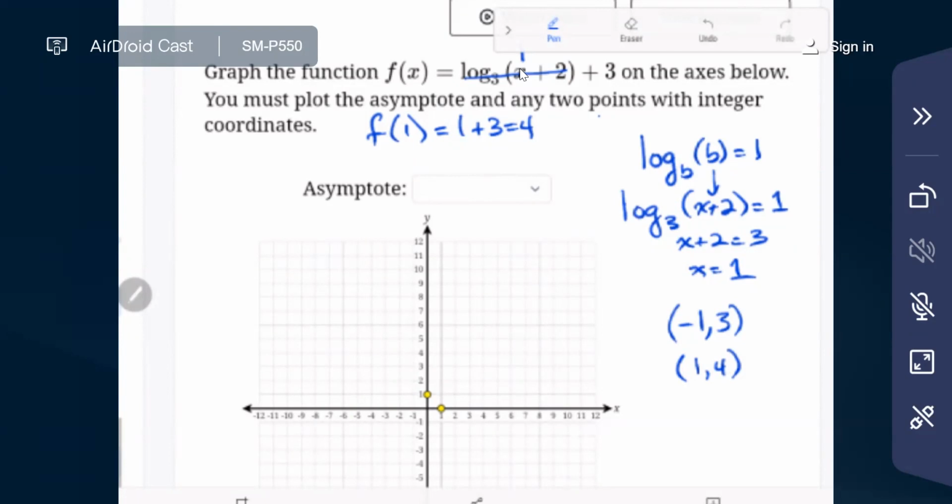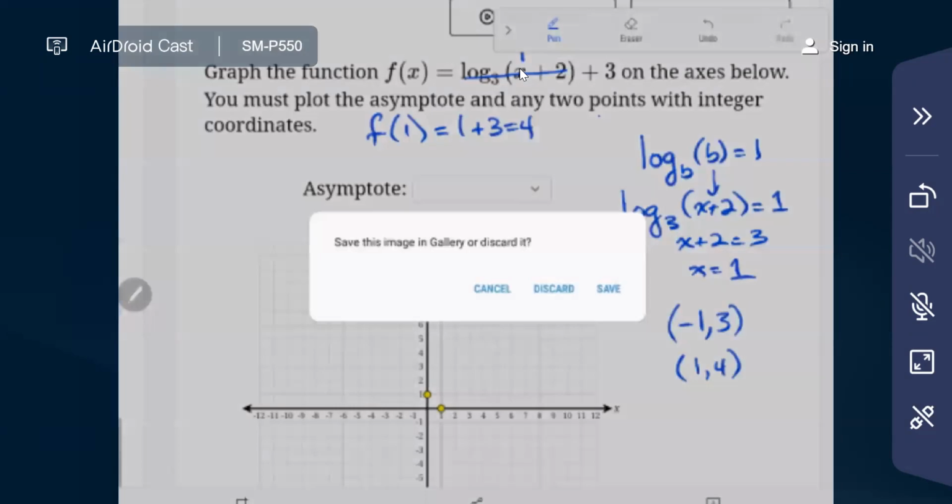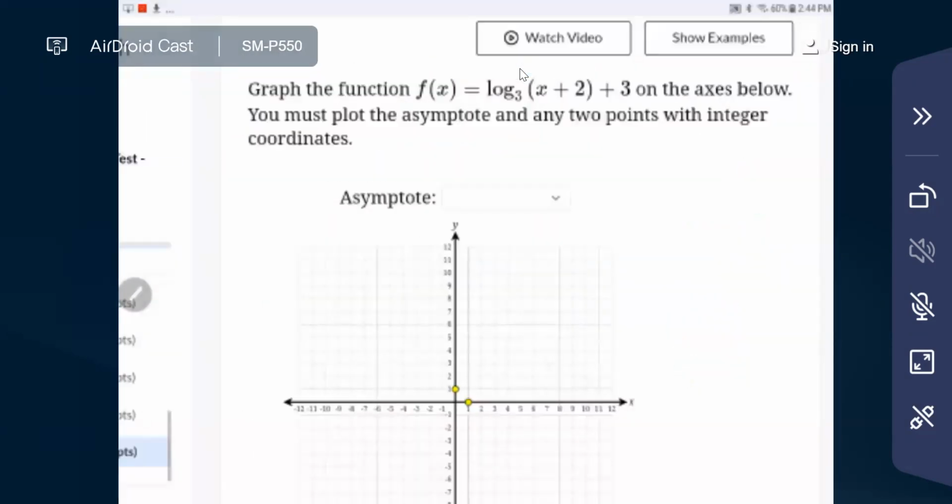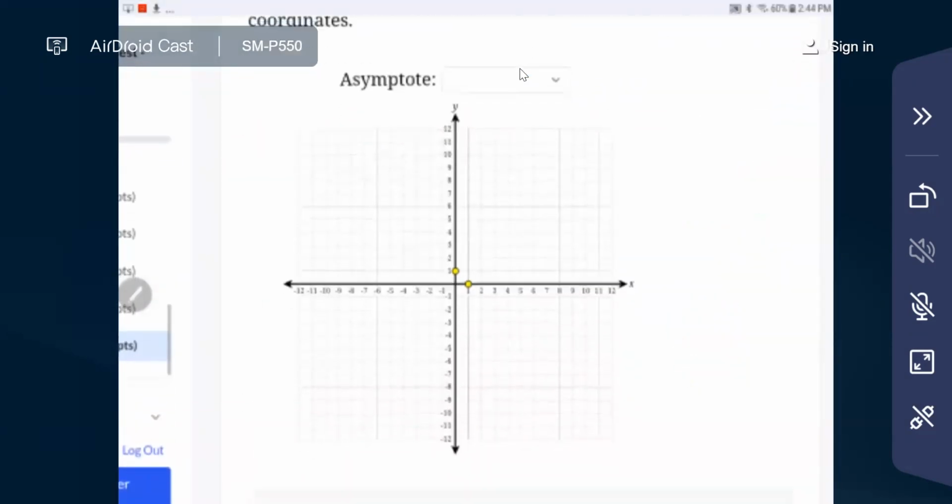Unfortunately, I cannot plot those while I'm using screen write, so I have to get rid of screen write and go back. So I'm going to erase all of this stuff, discard it. And then my 2 points were -1 and 3, right there.